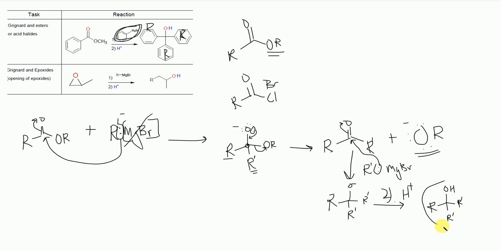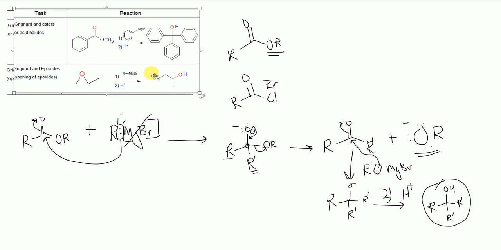Okay? And so does this look like what we have over here? So over here I have this structure, right? So this was the original ring. So let's say that this is ring number 1. And then the Grignard had a ring of its own. Sorry, I drew all over it. But the Grignard, let's see if I can copy and paste actually. Okay, so the Grignard had a ring of its own.